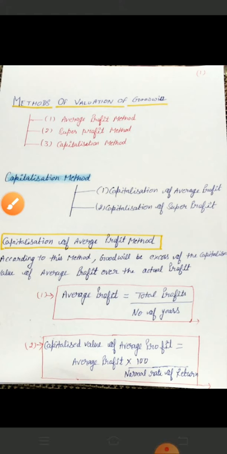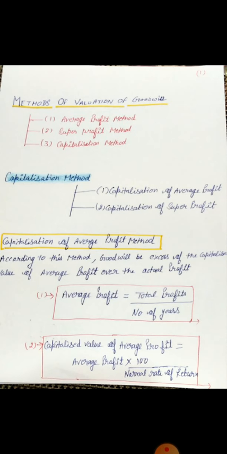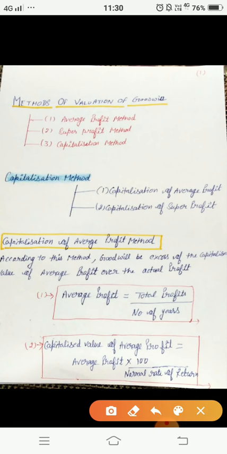We will learn how to calculate goodwill by using this method. Okay, so let's start. Capitalization method. You can see that capitalization method is divided into two parts. First is capitalization of average profit and second is capitalization of super profit.